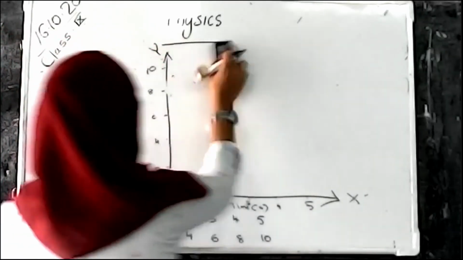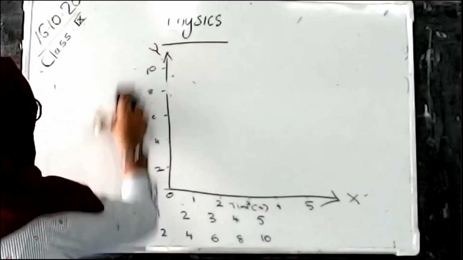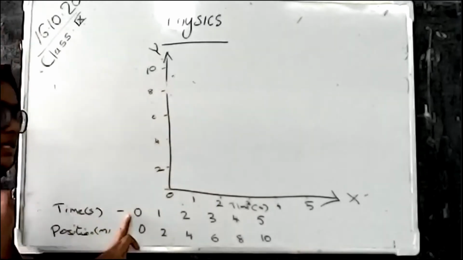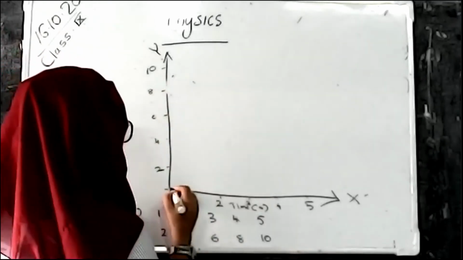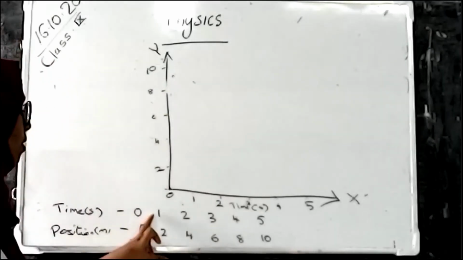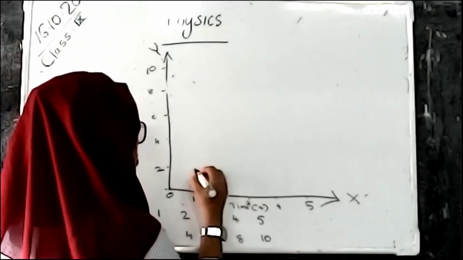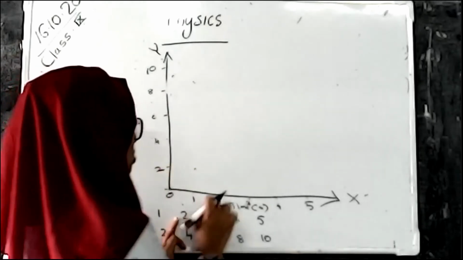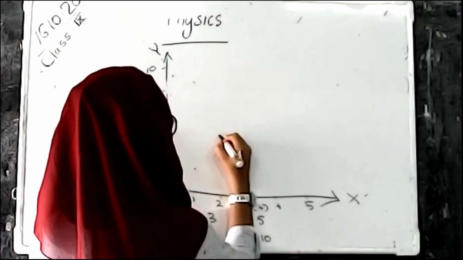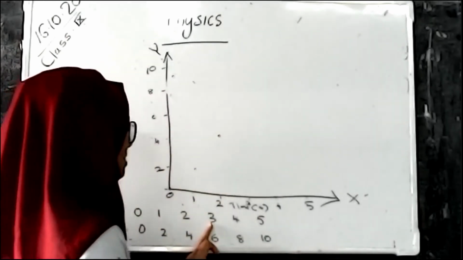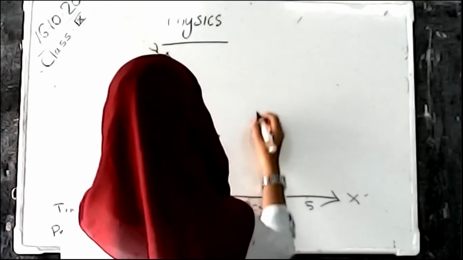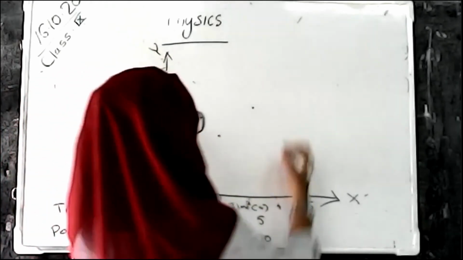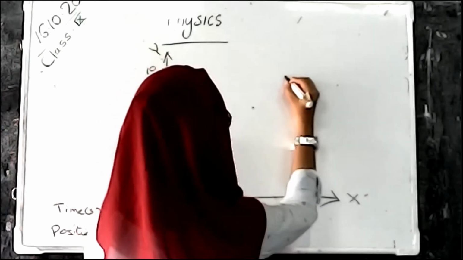Then we draw the graph using these values. At the 0th second, the position is 0. At 1 second, the position is 2. At 2 seconds, the position is 4. At 3 seconds, the position is 6. At 4 seconds, the position is 8.